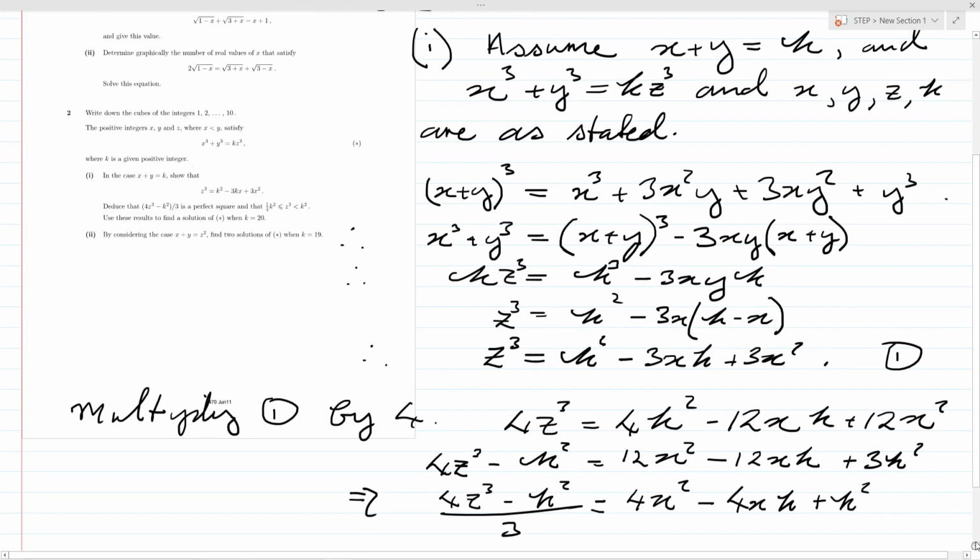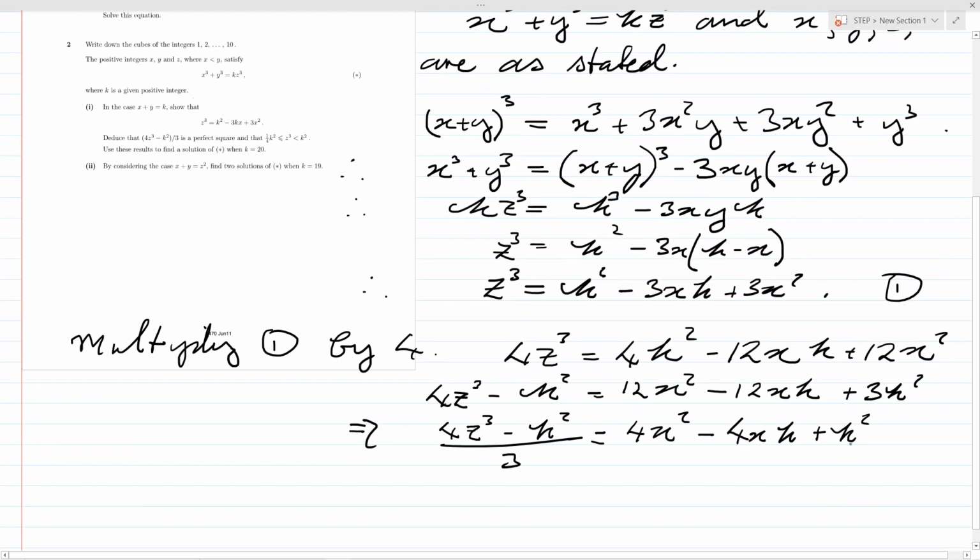Now, how do we know that this is a perfect square? Well, if we can write it as brackets something all squared, then it will be. But we're led by our noses because we have our left-hand side equal to this left-hand side. So therefore, we must have a perfect square, otherwise they wouldn't ask us to do that. So let's see if we can write it. We know that 4 square rooted is 2. So we're going to write this as a perfect square number in brackets.